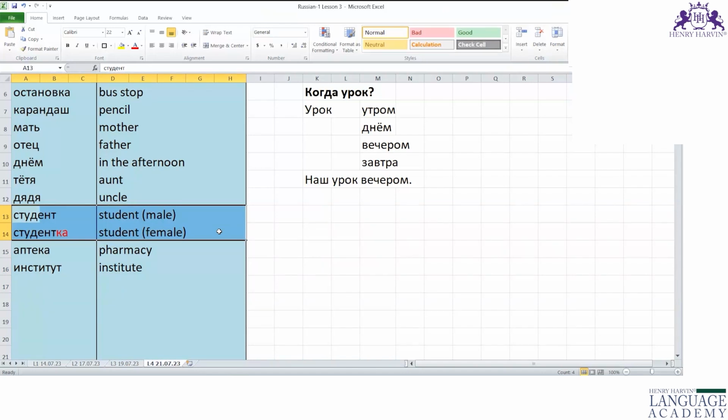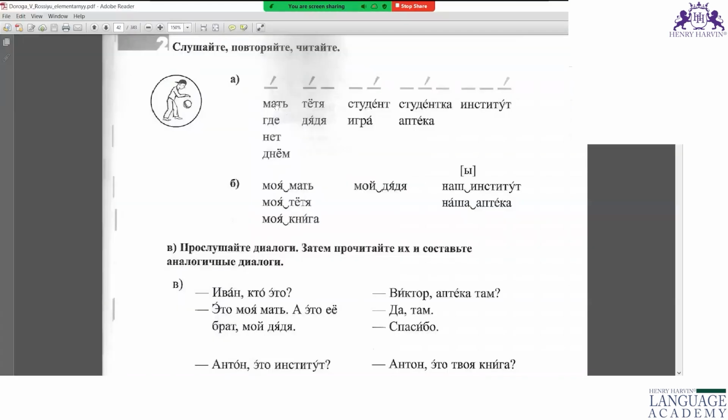Grown-up students like you, for example, or who get a degree. If it is a school student, we do not say студент, студентка. We say школьник, школьница, or ученик, ученица. So a student is already someone more grown up than a school student.